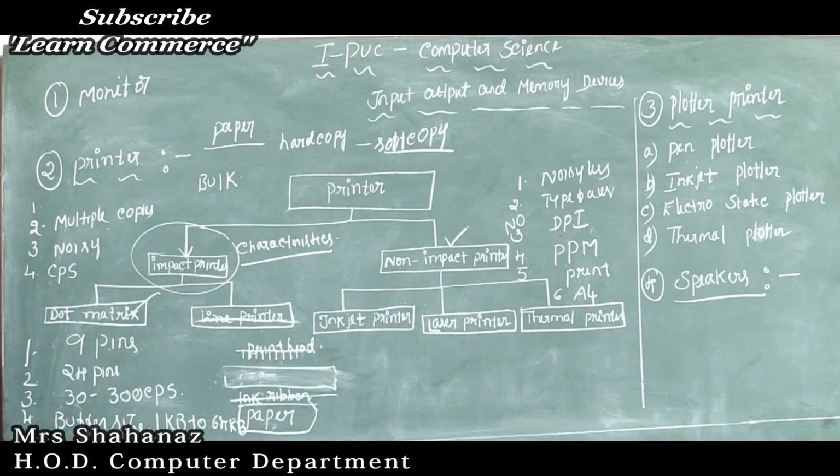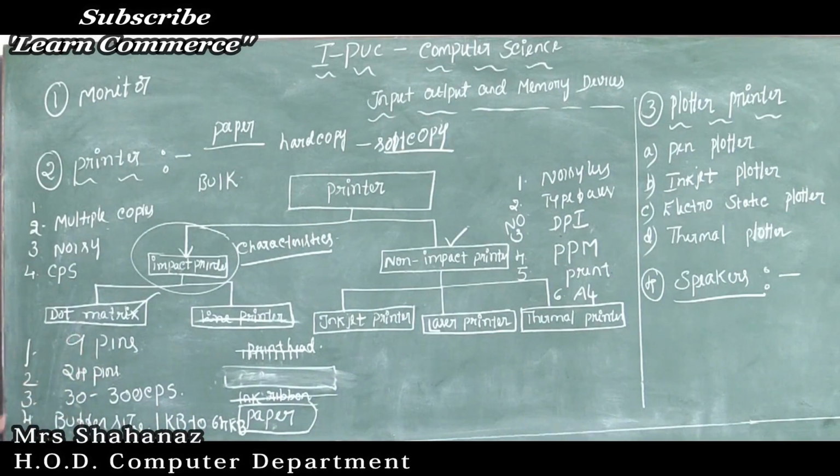Okay, so the buffer size varies from 1 KB to 64 KB, and we know that 1 KB means 1024 bytes. So that is 1 KB to 64 KB.